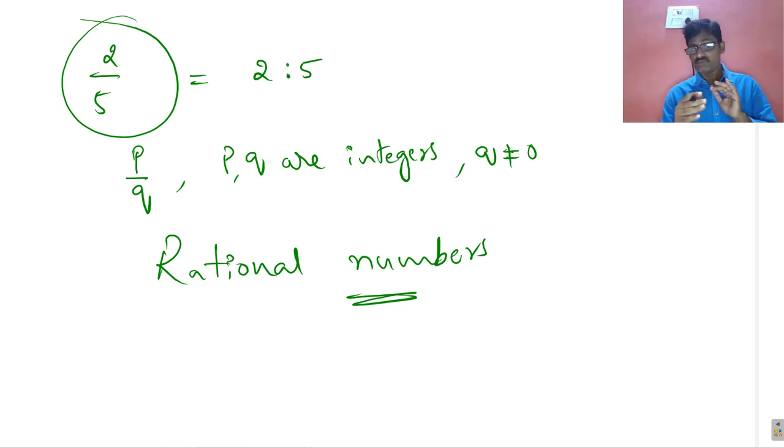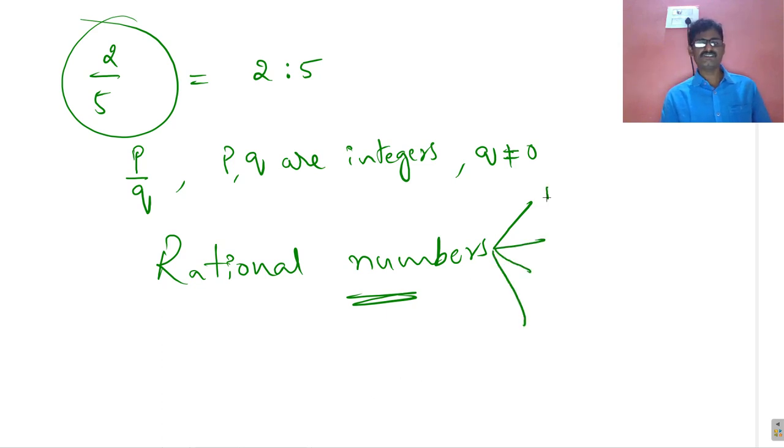Here you need to understand one thing. The numbers need not be directly in the form of P/Q. If it is possible to write the given number in the form of P/Q, then that's it. That is a rational number. Then what are the numbers that are considered as rational numbers?